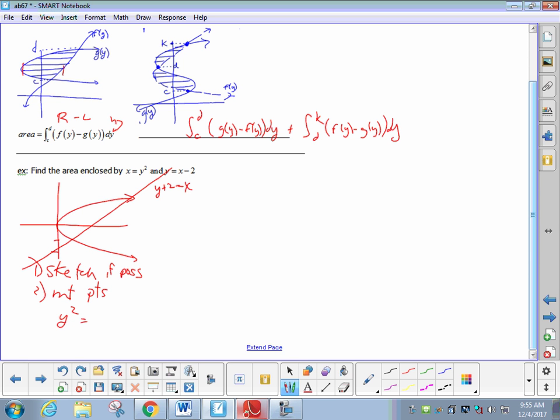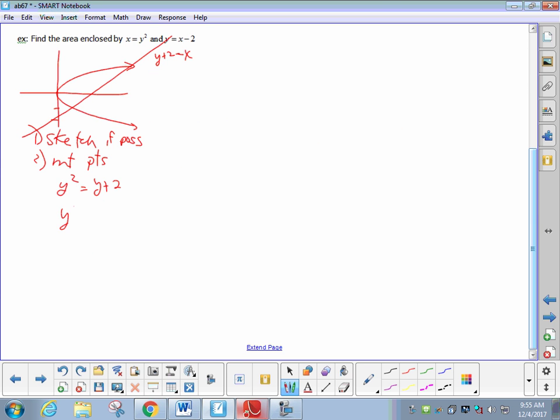So if both x's are equal, then y squared equals y plus 2. y squared minus y minus 2 equals 0. y minus 2, y plus 1 equals 0. So it seems like the y's at the intersection, which is what we want, are negative 1 and positive 2. That seems in keeping with my picture there.